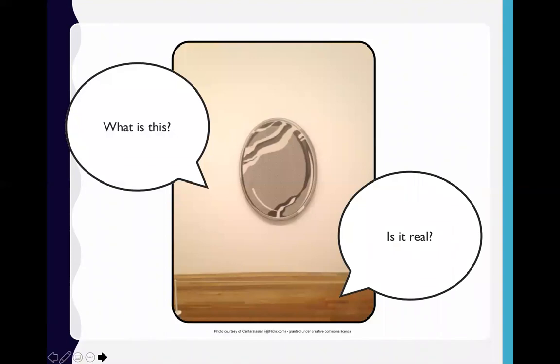Do we think it's real? Is it actually something that's not on paper? Could we have it in our hands? What is it? Have a think. Have 5 seconds and share your ideas to whoever is with you.